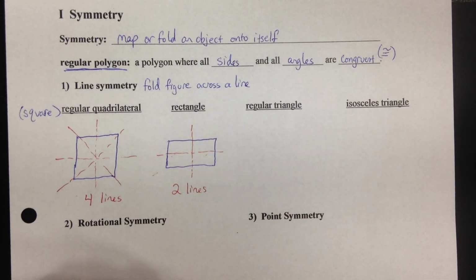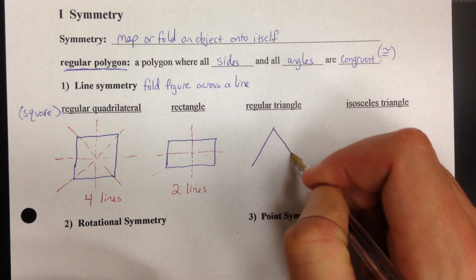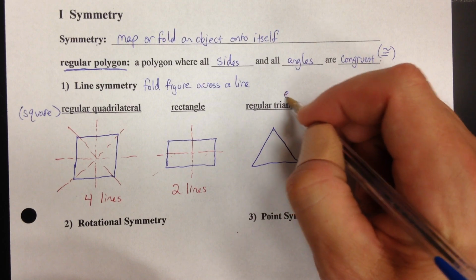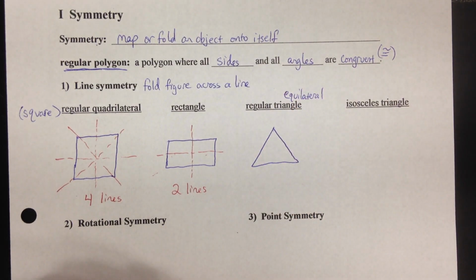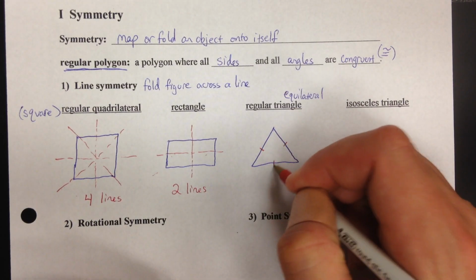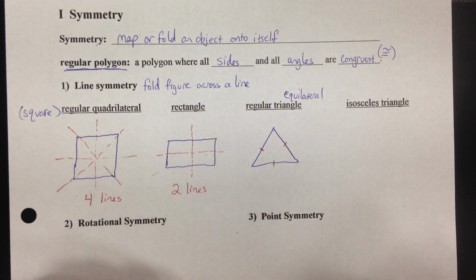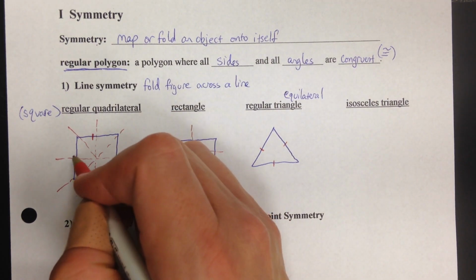All right, how about triangles? A regular triangle where all three sides are congruent is called equilateral. And in that case, each side here, I'm going to draw 3 marks. That just means that those are the same. I could have done that with the square as well. I could have put 4 marks on there.